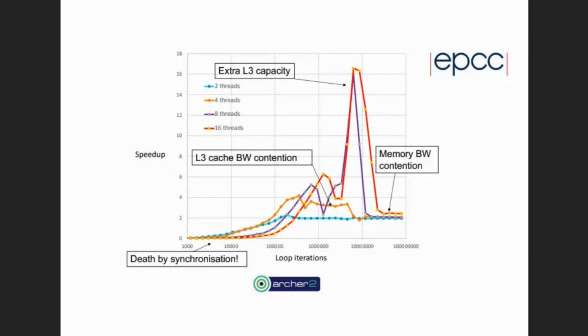So usually 4 threads per process, maybe 8 sometimes, maybe 2 sometimes, is the best option. It depends a bit on your application as to how sensitive you are to L3 cache usage.